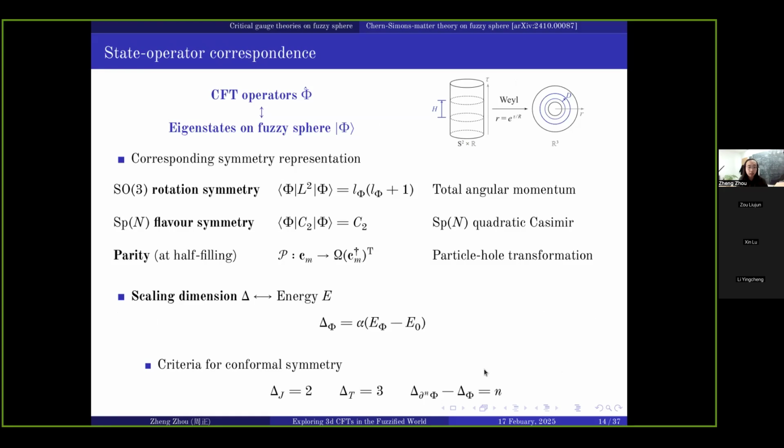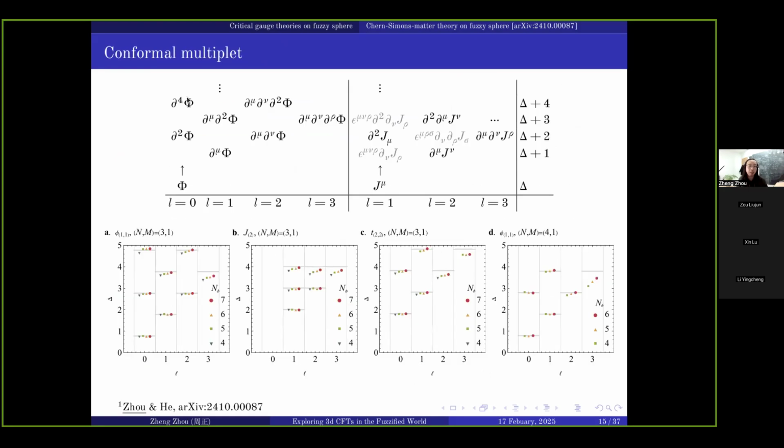Our first evidence for the conformal symmetry comes from the conformal multiplet. That is to say, starting from a primary phi with scaling dimension, say delta, by acting repeatedly with spatial derivatives, we get its descendants. For example, we act once, we get partial phi with scaling dimension exactly 1 higher.